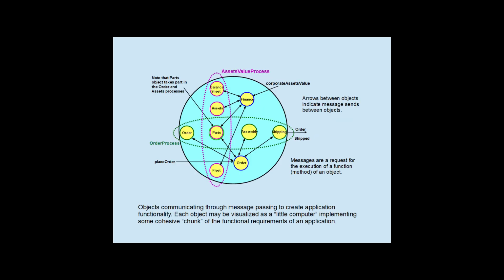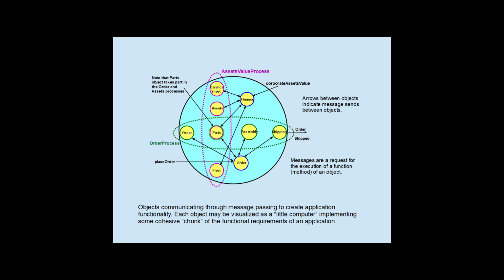It's interesting to look at Kay's concept that applications could be composed of little computers. These little computers were what he called objects. Here is an illustration of an application composed of objects. The application is shown within the blue circle.